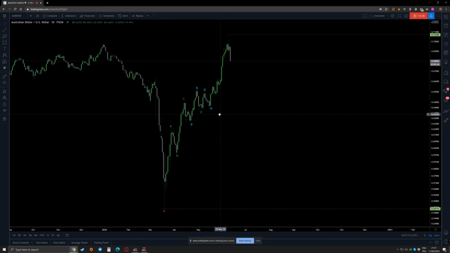Now X waves can be a triangle of their own, so don't forget this. So this is the B to D trend line, this is the C to E trend line, this is the perfect X wave.